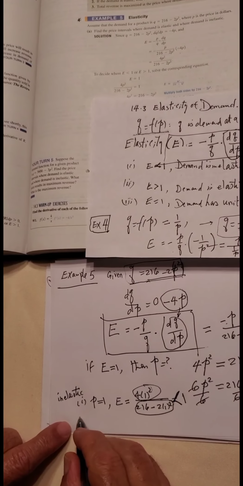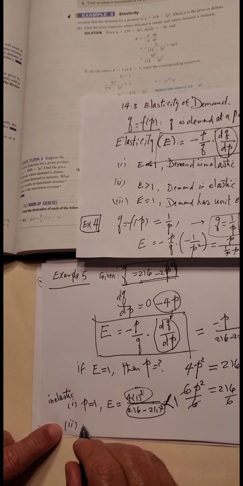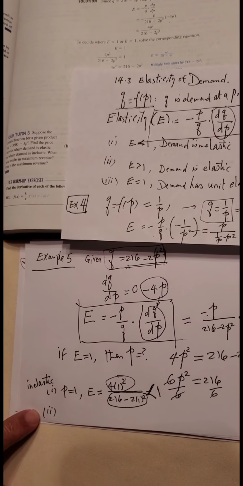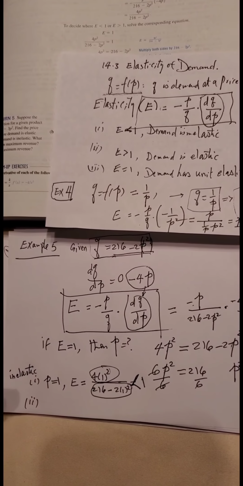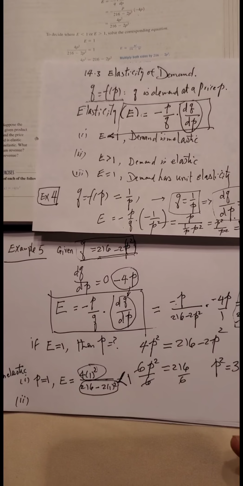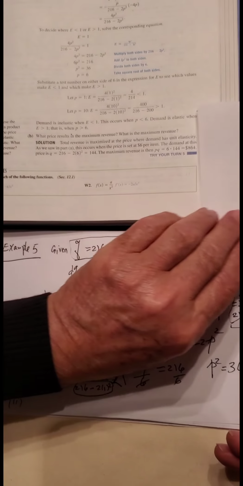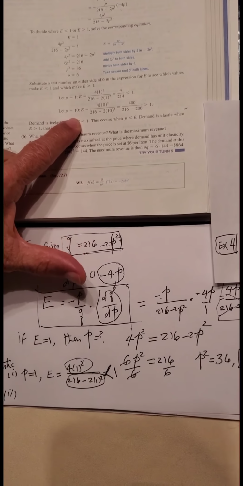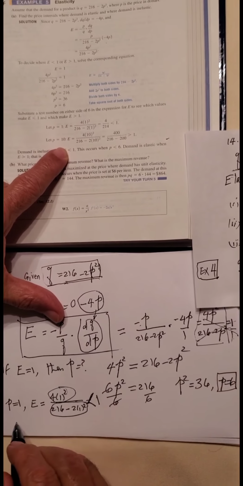Then you go to the second case, which means when P is something bigger than 6, like 7, 8, 9, 10. I think they assumed P to be equal to 10, for instance. If P is equal to 10, what happens? To the same formula, you will put 10.